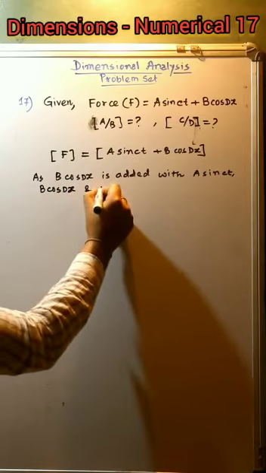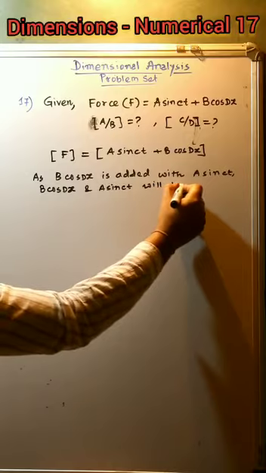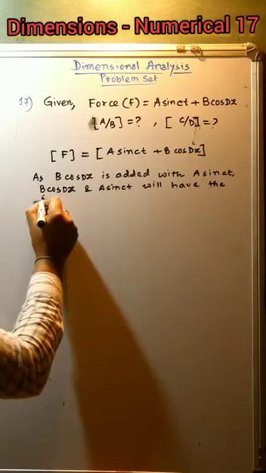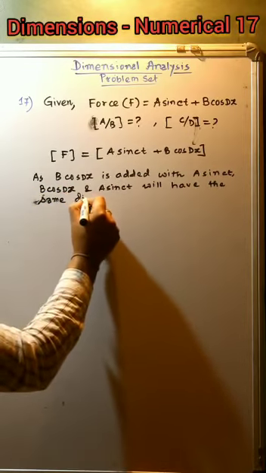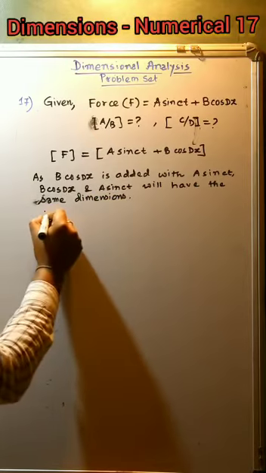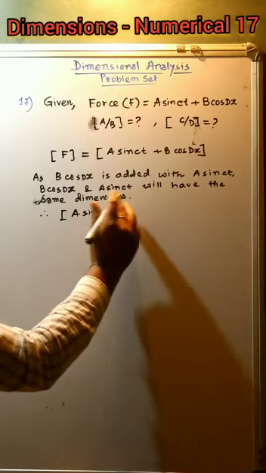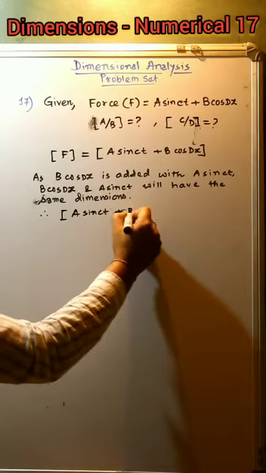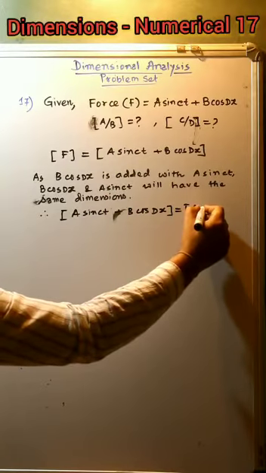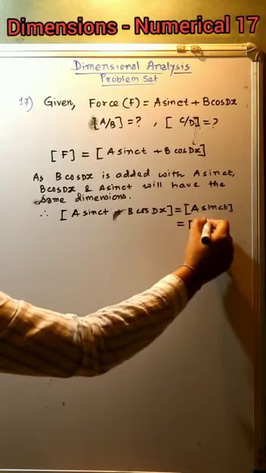Therefore, B cos dx and A sin ct will have the same dimensions.